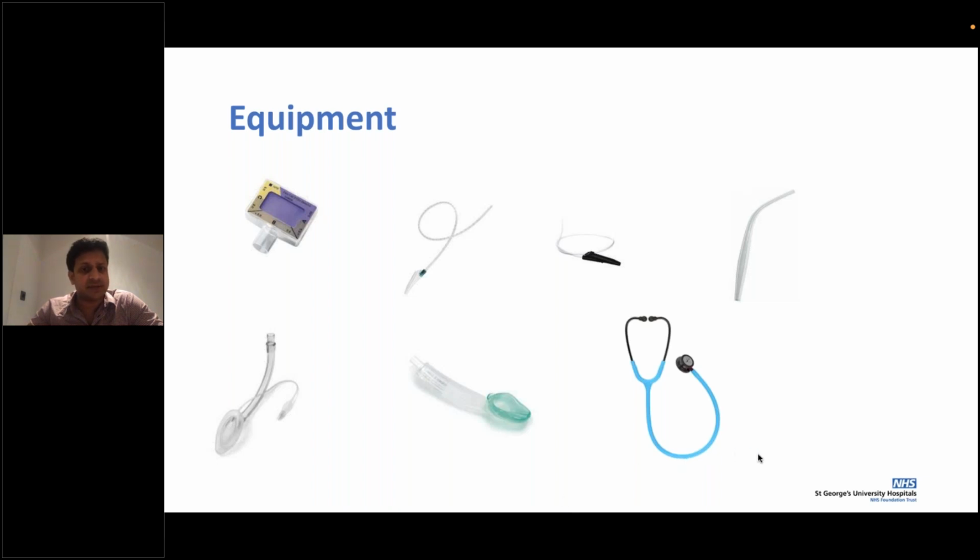I must agree LMA practice is not that common at this point, but having good knowledge about the LMA and its insertion is absolutely key, and that's part of your NLS course as well. Suction catheter: it's important to remember that most delivery suites will have a Yankauer, which has a suction catheter, and suction power is kept between 80 and 100, and you do need to occlude the opening on the Yankauer for effective suctioning.